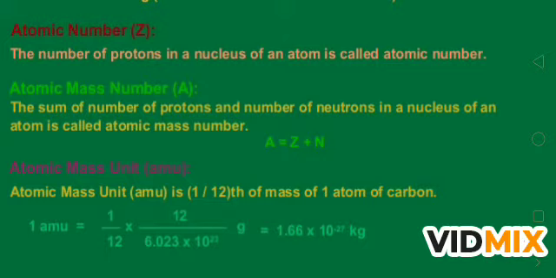Since kilogram is not a very convenient unit to measure such small quantities, a different mass unit is used for expressing atomic masses, and this unit is atomic mass unit, denoted by small u, written AMU. Atomic mass unit is 1/12th of the mass of one carbon atom.